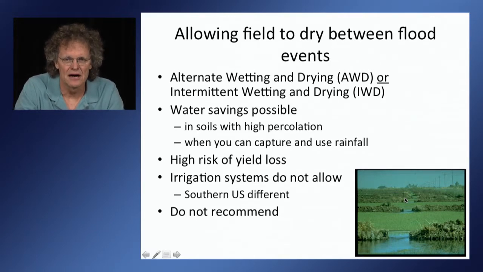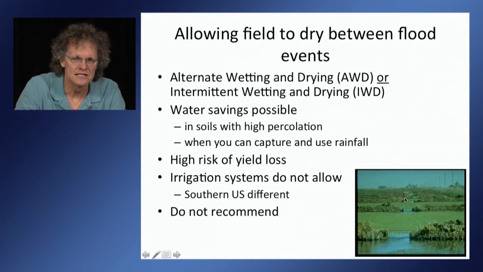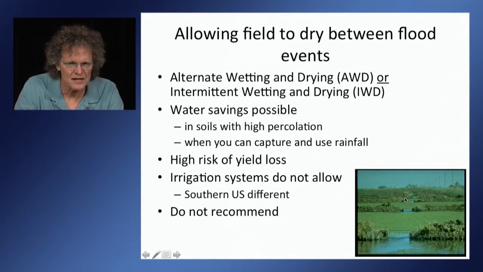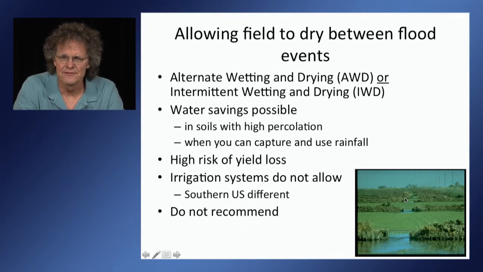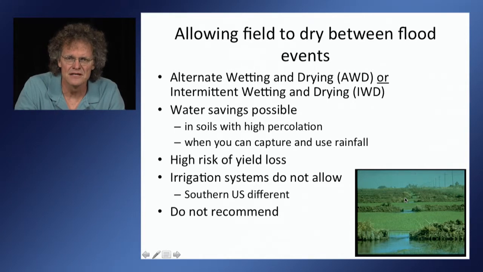And the length of time that it takes to reflood some of these fields, during that period the soils are drying further and further out, and you're likely going to experience some sort of yield loss due to that. Again, this is different than in the South. In the South, they do use some of these systems.